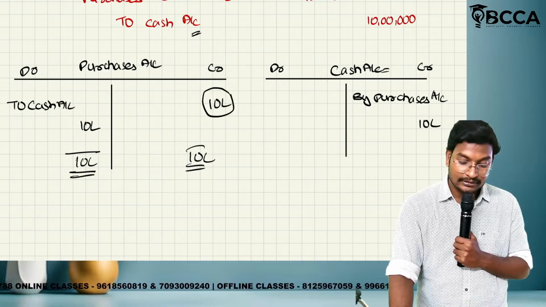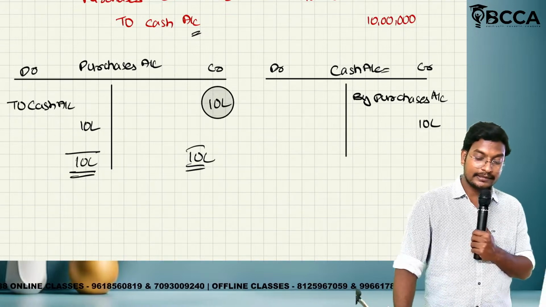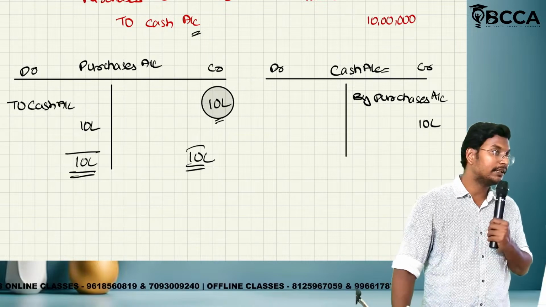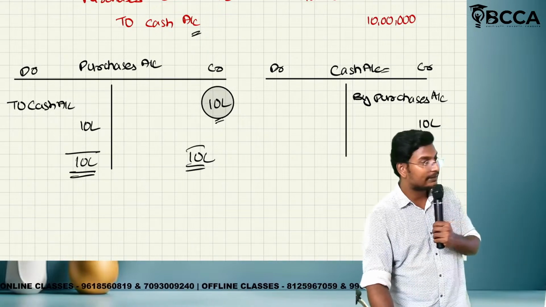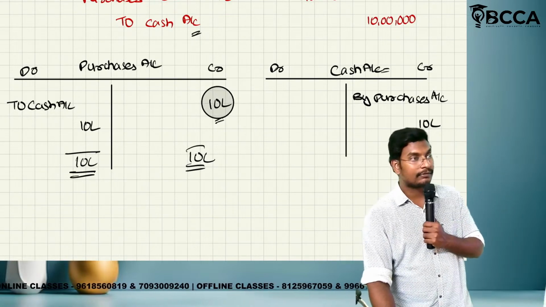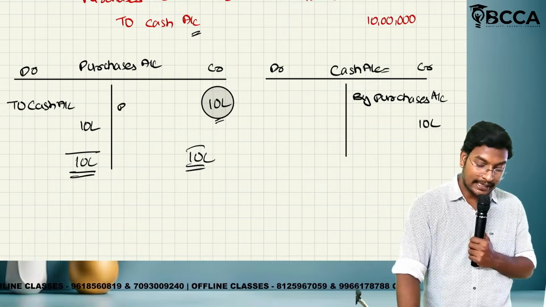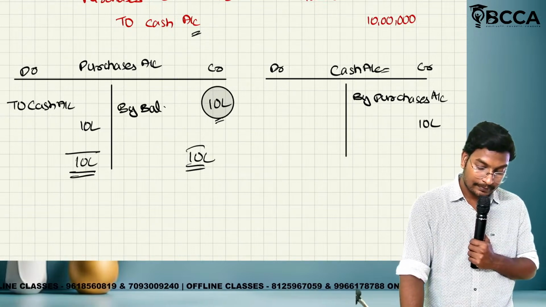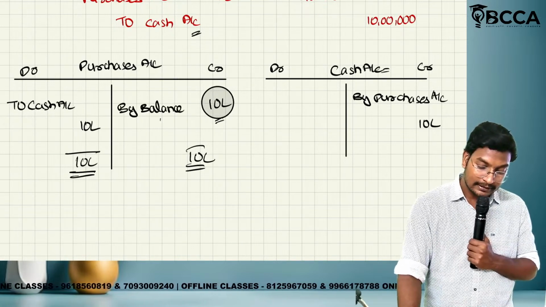What is the lesser amount side? Credit side. This is called the balancing figure. In this balancing figure, what we have to write? By balance carried on.